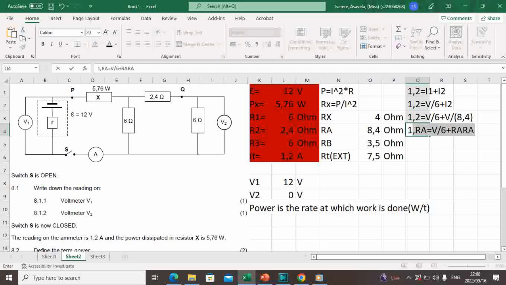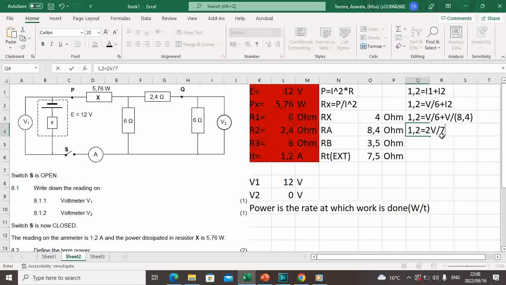Okay, 1.2 is equal to, we can add these two values. Let me hit the calculator. Okay, equal to 2V divided by 7.